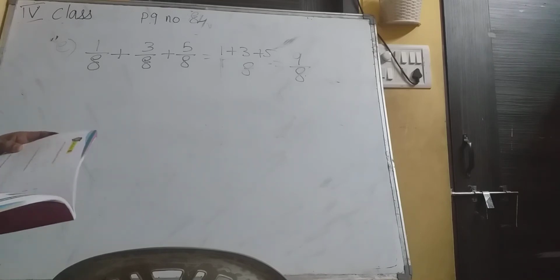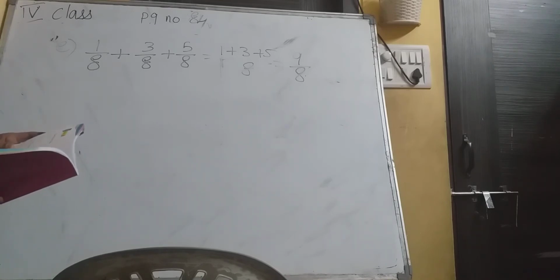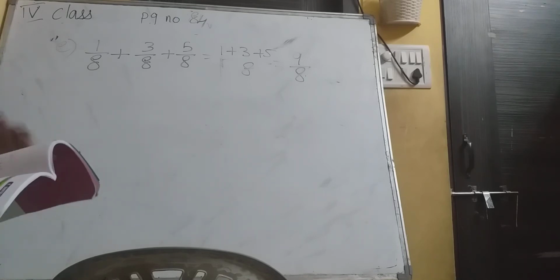But second bit, what should you do? You have unlike fractions. So, here also I am going to show only one. You are going to do all the rest of 5. See, you have to take LCM for the denominators. Then you are going to add.